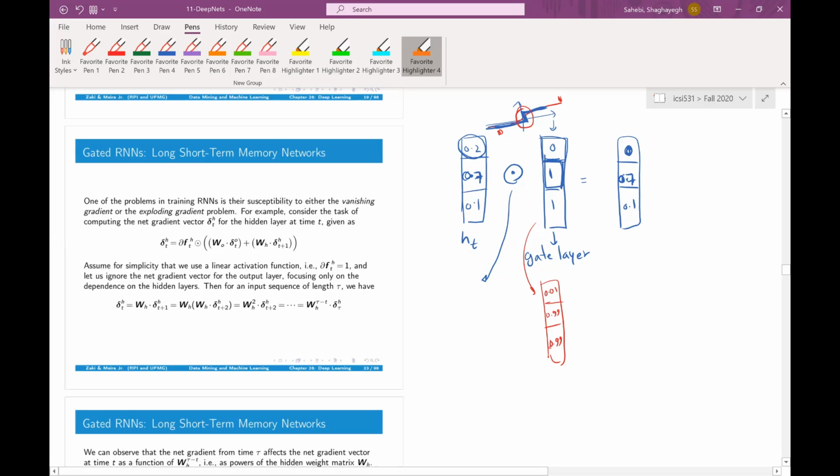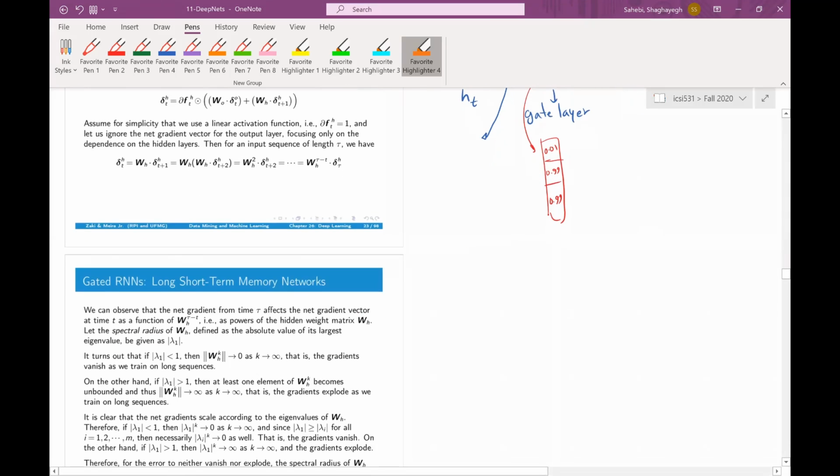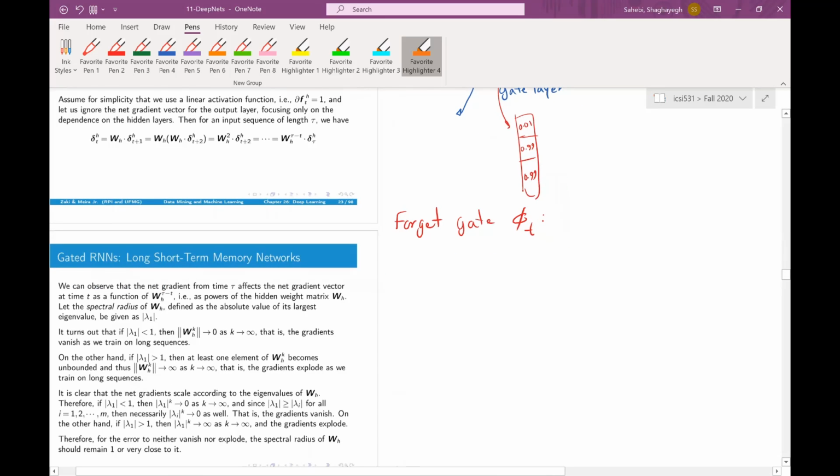Okay. So this forget gate or forget layer, we show it with phi. So we are going to have a forget gate phi t that is basically going to tell us what to remember and what to forget. So how is it going to fit into our network?